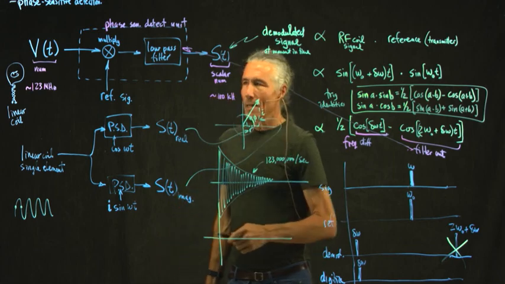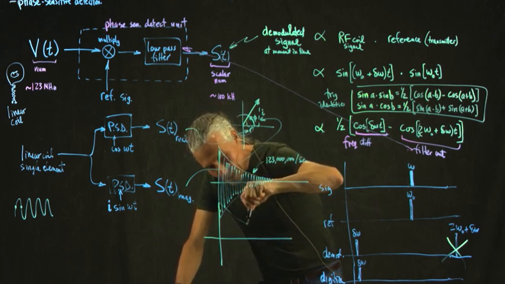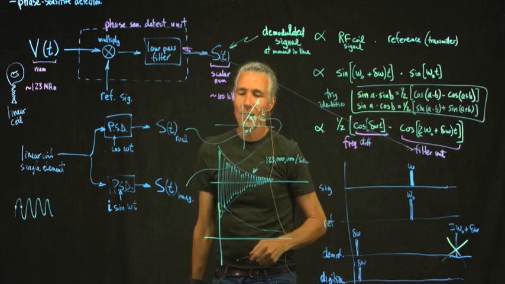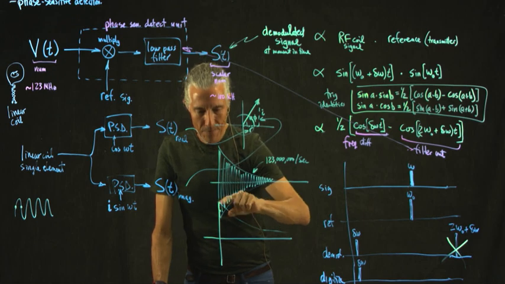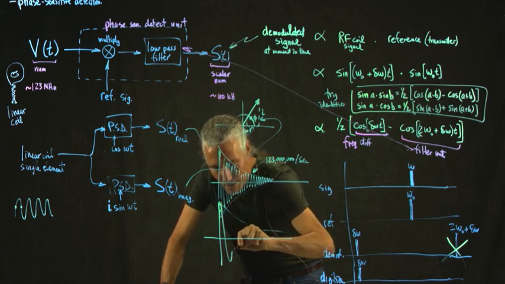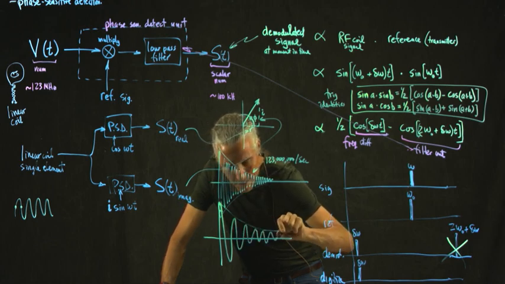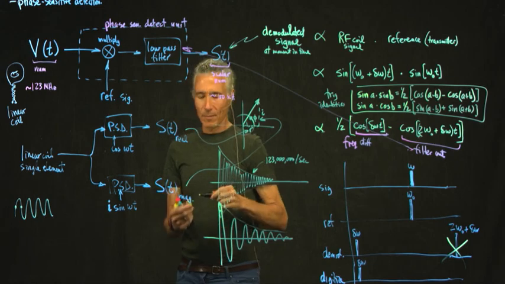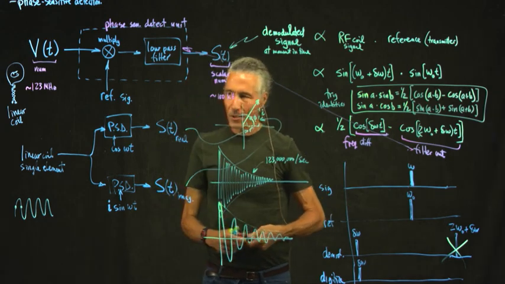It will still follow the same envelope, same envelope, but it's going to be doing something like that at a much lower frequency. But it's got another part to it.